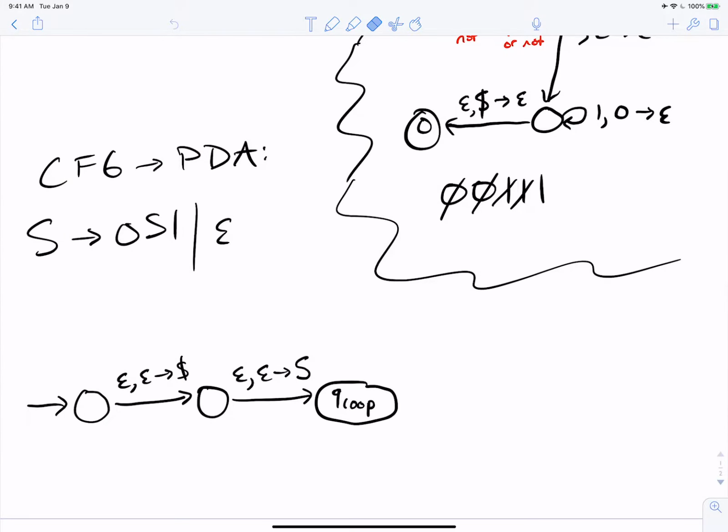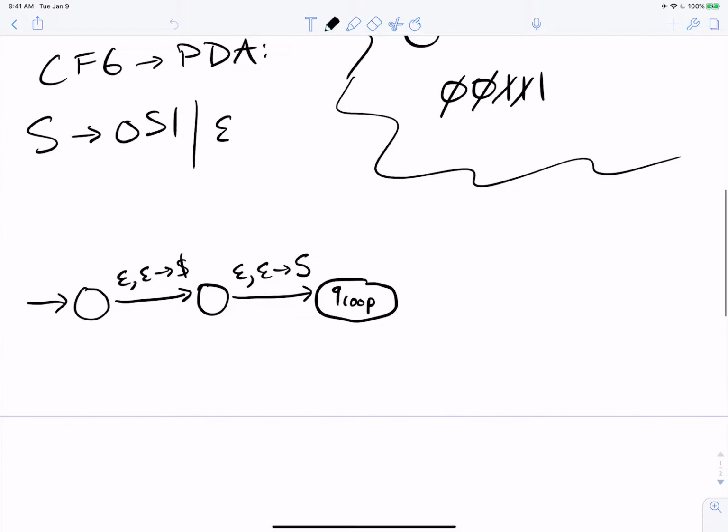If a 0 was produced and is at the top of the stack, what should we read off of the input? A 0. So that's what we're going to do here. In QLoop, we're going to read a 0, pop a 0, and push nothing.